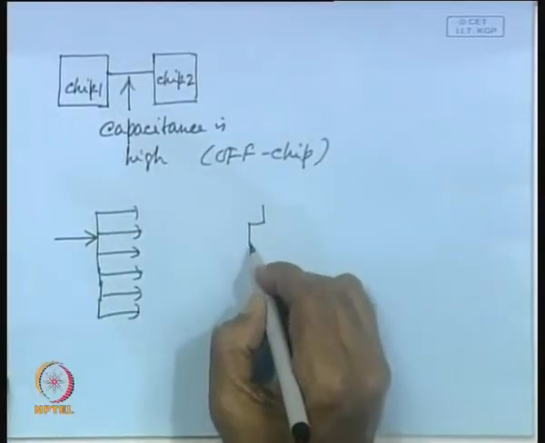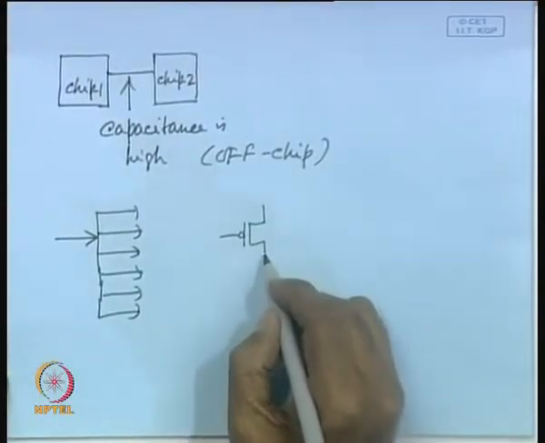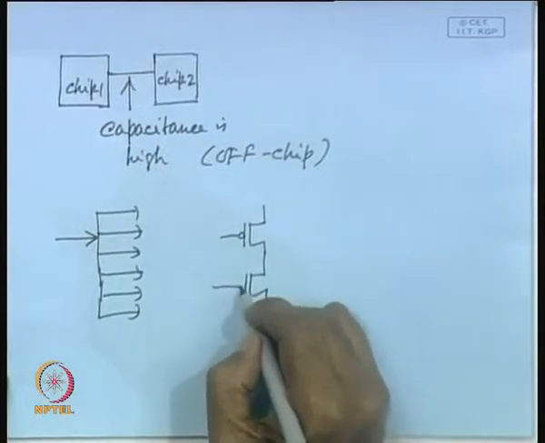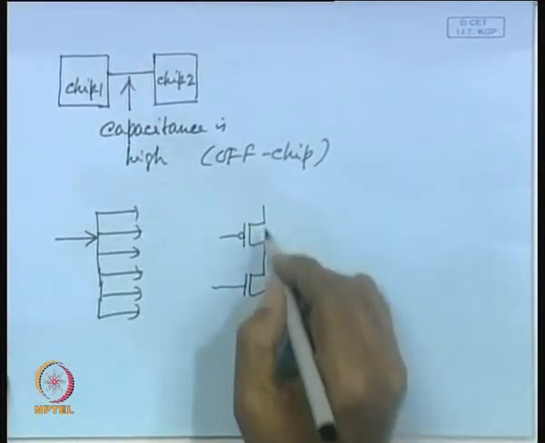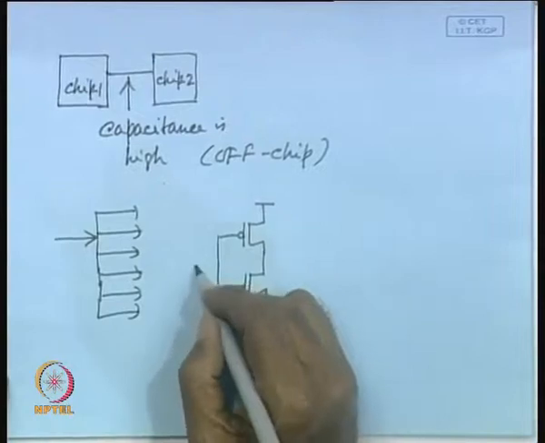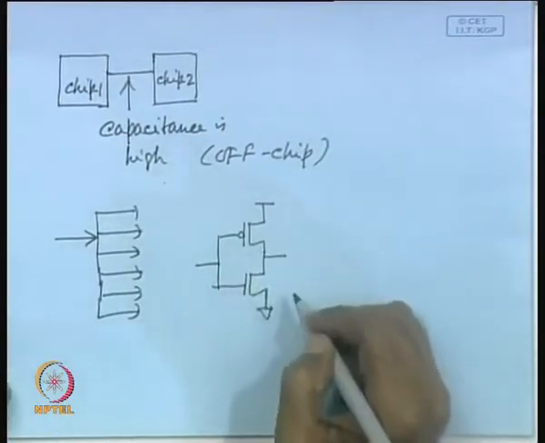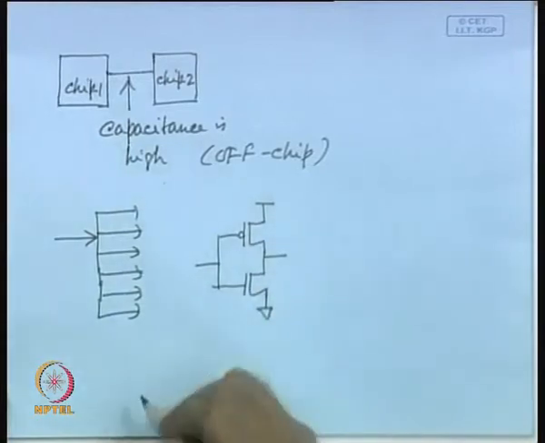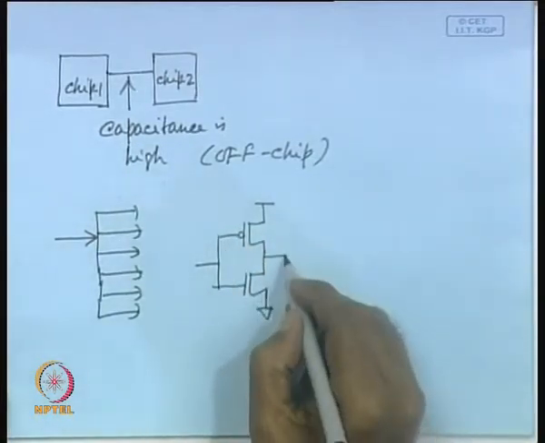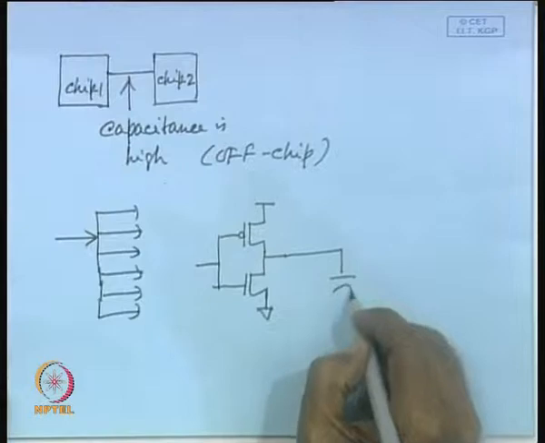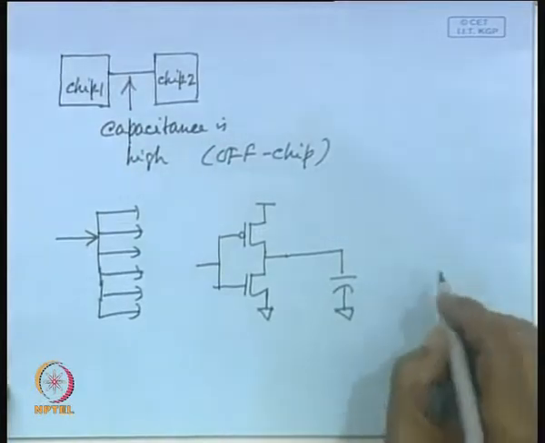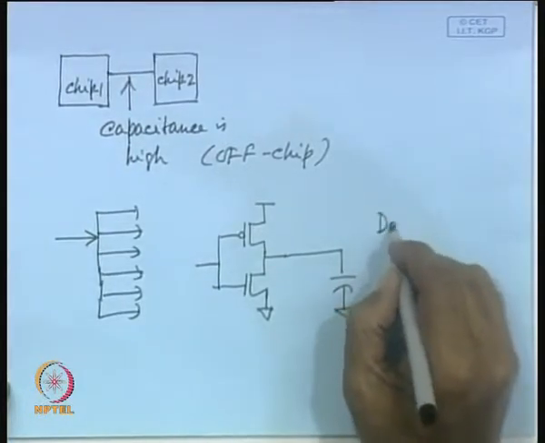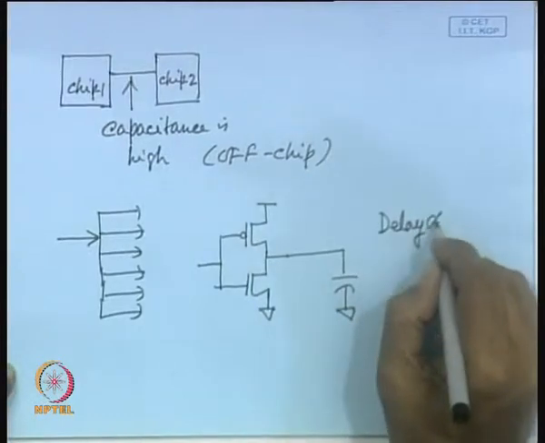So, whenever you are realizing an inverter using this kind of minimum dimension, or maybe a little bigger than that, when we have to use a little larger size, the L by W values may be a little different from minimum values, then we call it a standard gate. And if the load is very high, as you know, in such cases delay is proportional to CL.